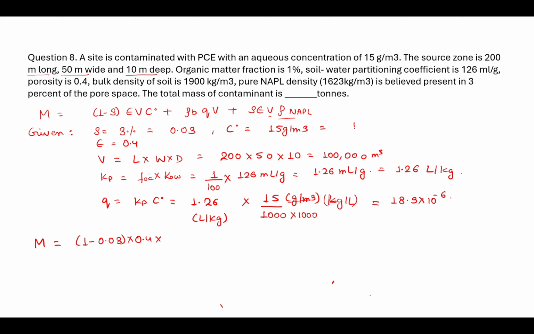It's better to convert into grams per liter, so 15 upon 1000, plus density of the soil, which is given as 1900.